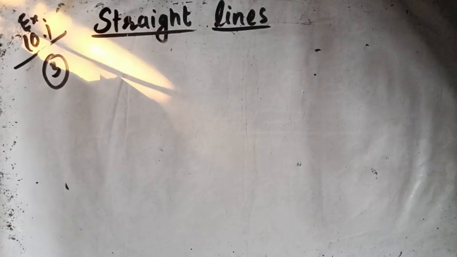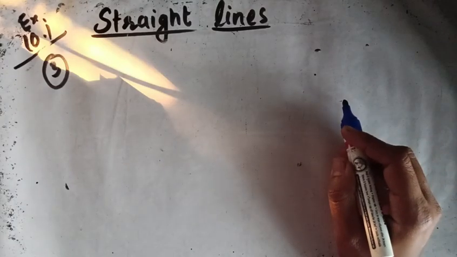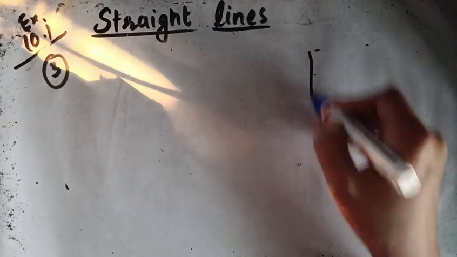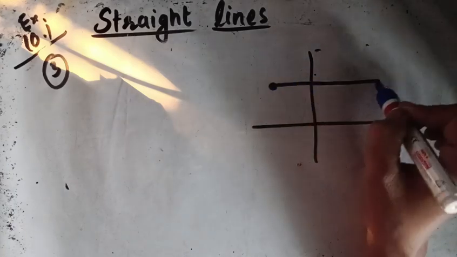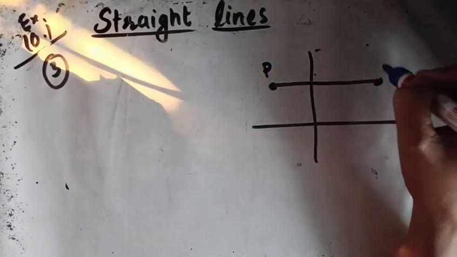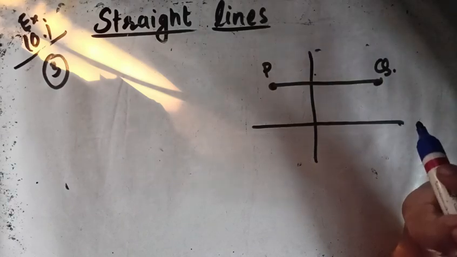Third question. Find the distance between P and Q when PQ is parallel to the y-axis, and when PQ is parallel to the x-axis. So PQ, when PQ is parallel to the y-axis. So for PQ, this line is parallel to the x-axis.